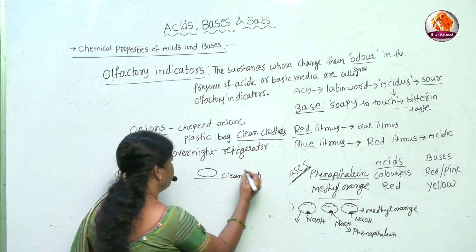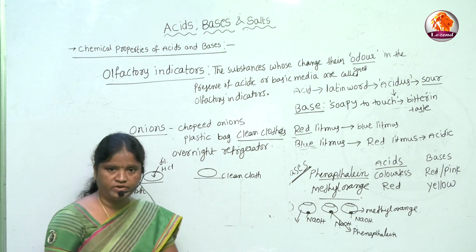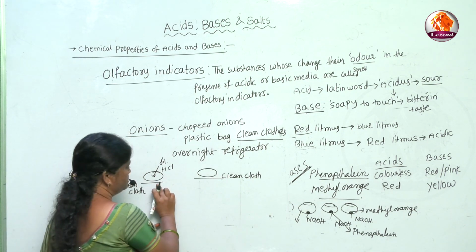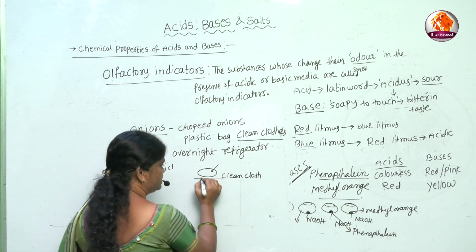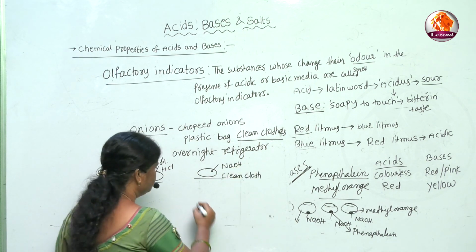Next day, after keeping them with chopped onions, the clean cloths we are using as olfactory indicators. On one clean cloth we drop dilute HCl solution, and on the next clean cloth sodium hydroxide solution, and observe the odor.